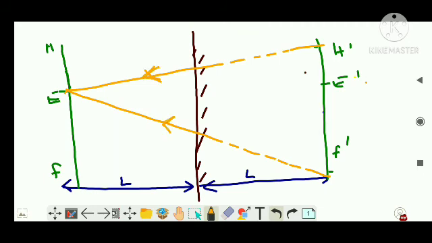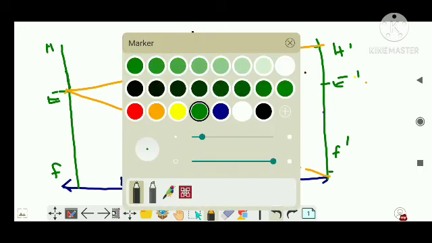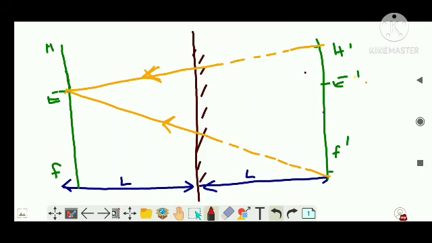From h dash and f dash, right? But actually what is happening, the light rays, okay, red. Actually the light rays are coming from here. The object is here, right? This is the head, right? And this is actually the reflected beam from here.